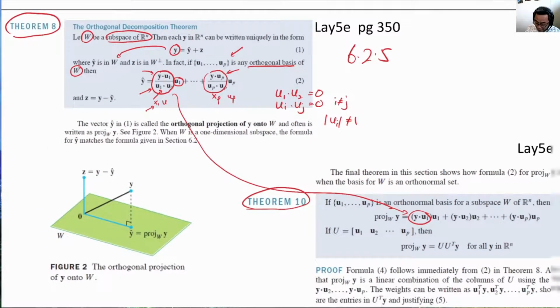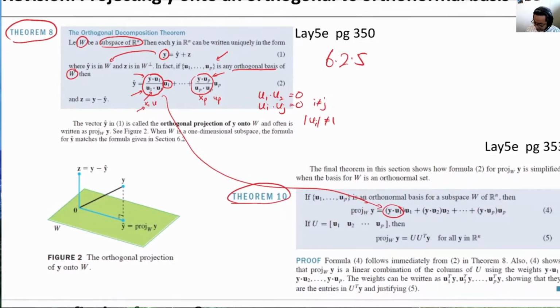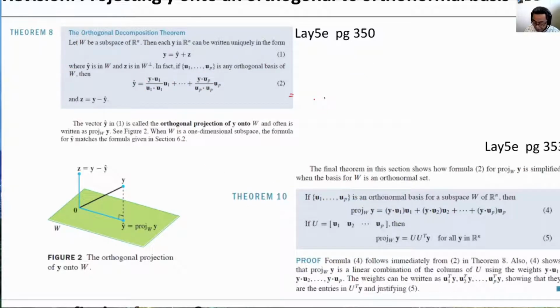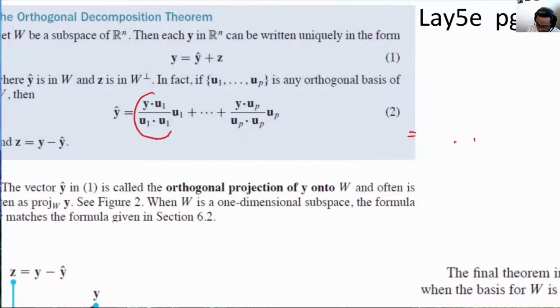So Theorem 8 and Theorem 10 are the same equation when the norm of the u columns is equal to 1. To recap, we like an orthogonal basis because it allows us to find the weights associated with each of these columns very quickly.